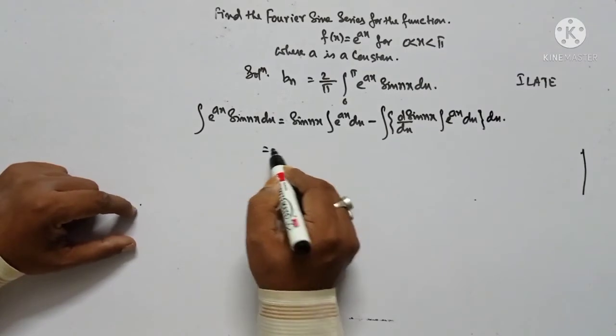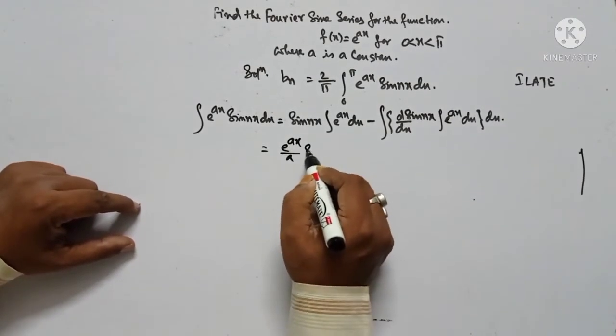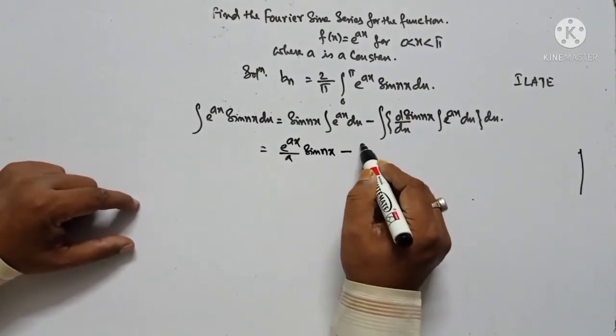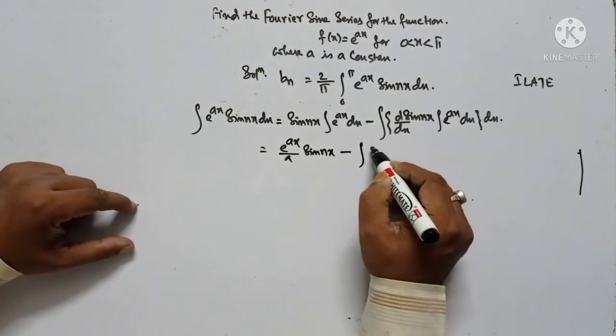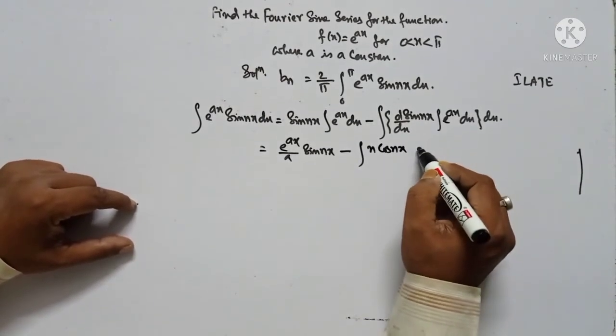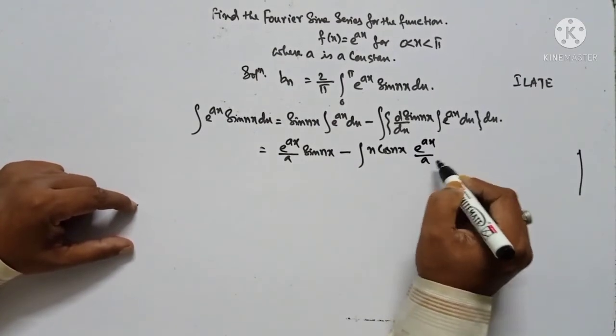So this will be e to the power of ax by a sine nx, minus the derivative of sine nx, that is n cos nx, times e to the power of ax by a dx.